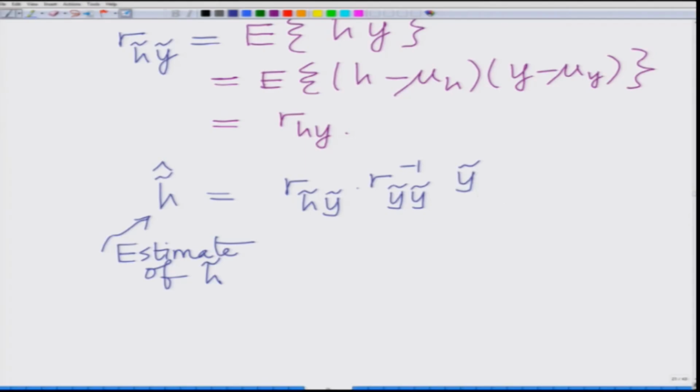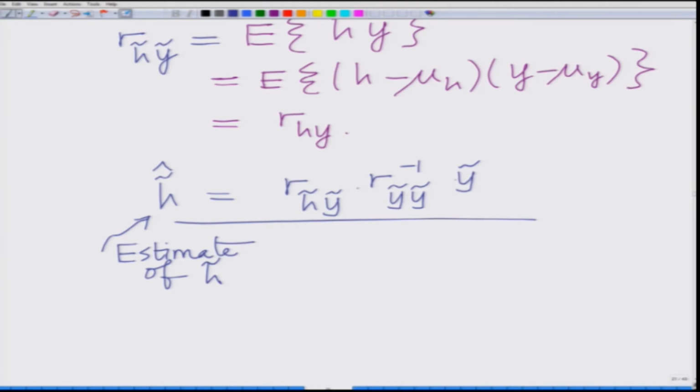So, this is your MMSE estimate of h tilde given y tilde. Previously, we had h hat equals r h y into r y y inverse into y.